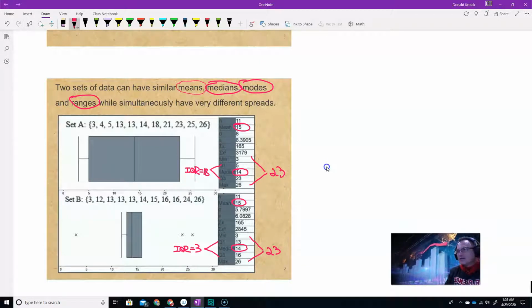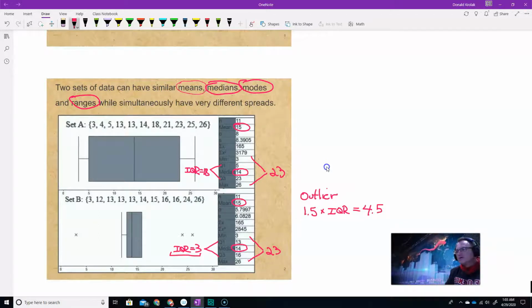Now this box down here did not have a top whisker because there were no values in that data set that were within 1.5 times the IQR. So remember, to get an outlier, we took 1.5 times the IQR, which in this case is 3, and that would give us 4.5.